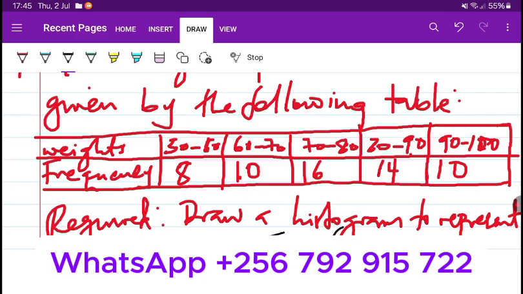The class limits are the same as the class boundaries. So I wanted us to appreciate the fact that when you are given such a class, you don't need to compute the class boundaries, because the class limits are going to be the same as the class boundaries.